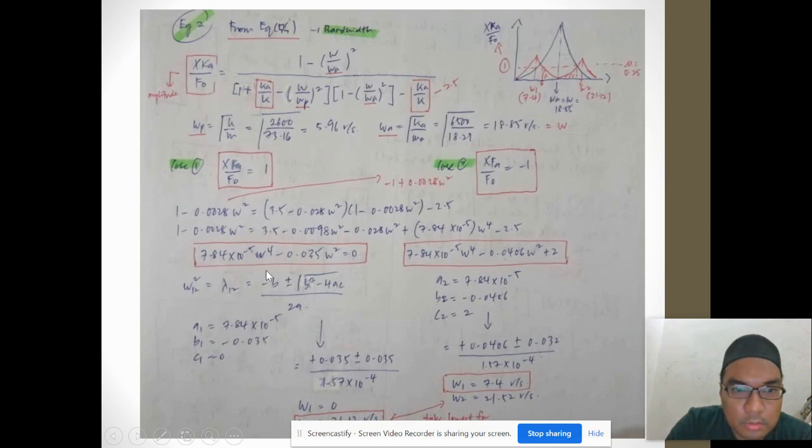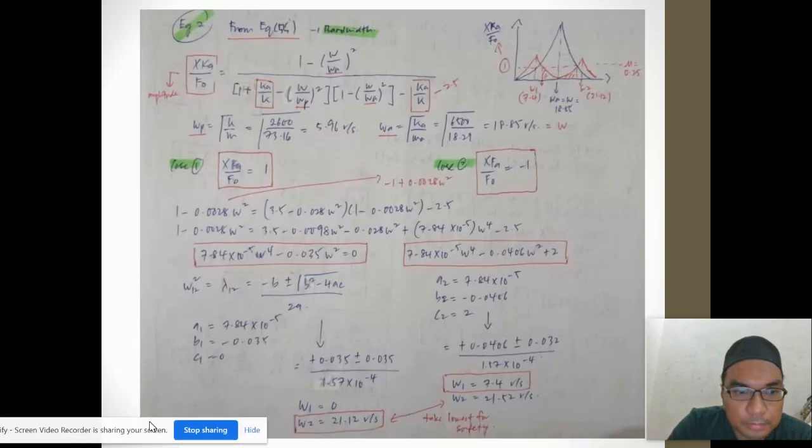This gets to the characteristic equation. Replace with a, b and c here: a1, b1, c1, and also a2, b2 and c2. There is no c here, but for this one they have c2 here. From this you can get 4 values, but this omega 1 is 0 because there's no c here, so b minus b plus b becomes 0.